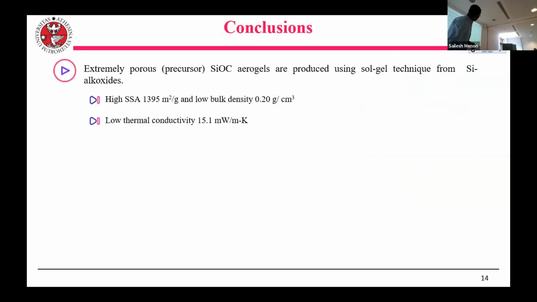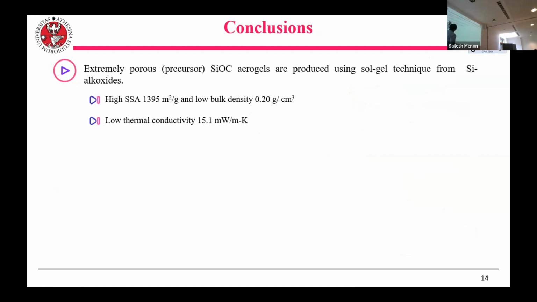And finally, the summary is that we are able to synthesize an extremely high porosity material using the extrusion technique and silicon alkoxide. Normally, the surface area is around 1400 square meters per gram, with a density of 0.2 gram per cubic centimeter.